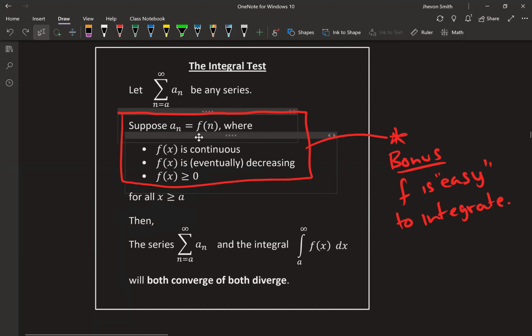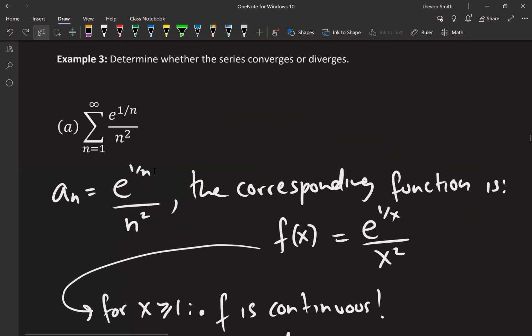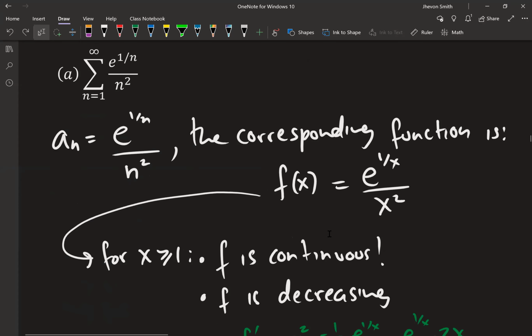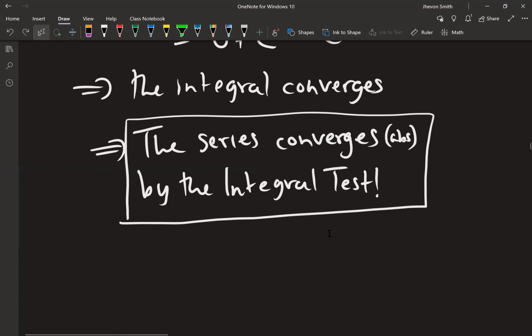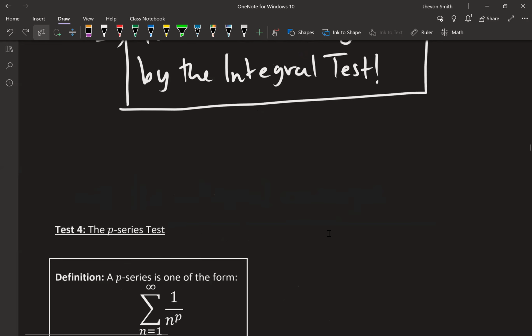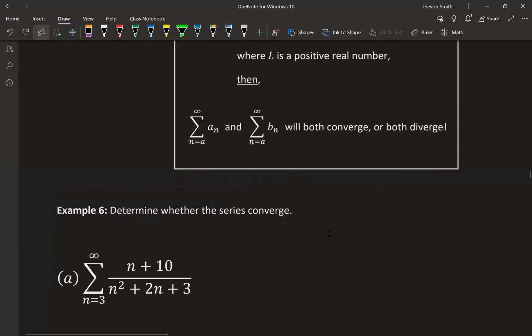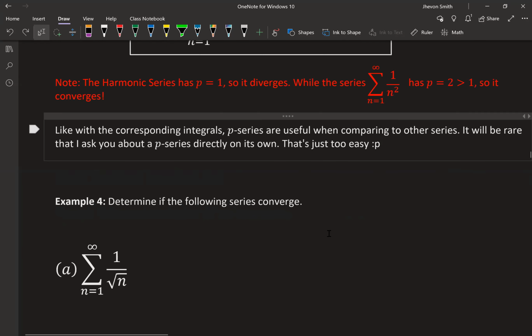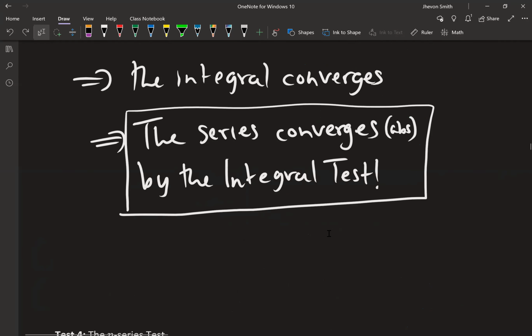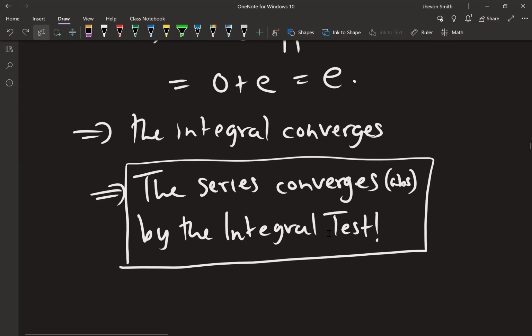It's useful when the thing is easy to integrate, but it's only applicable if these 3 conditions are fulfilled. For this example, they were fulfilled. Now, I'll leave the notes for these up so you can, if you want, read ahead and try some of these problems. But we're going to stop there for now.